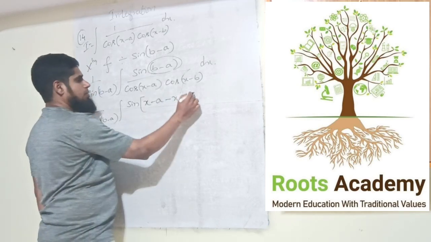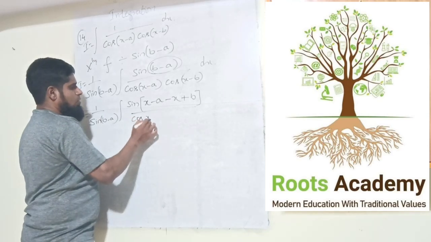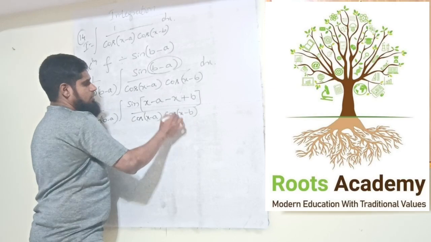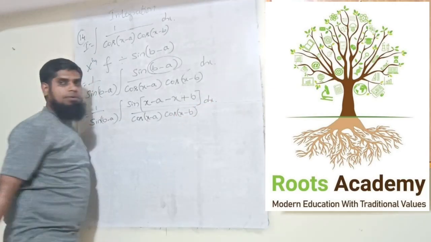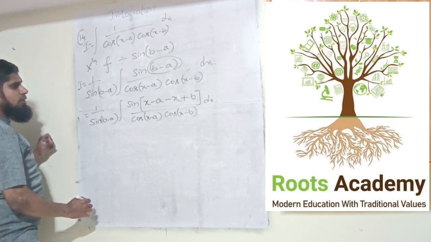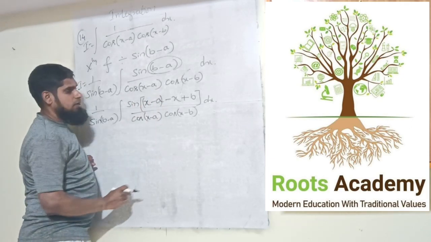See, there is a plus b here, close the bracket, divided by cos x minus a into cos x minus b into dx. After this, student, I will call this the first angle.